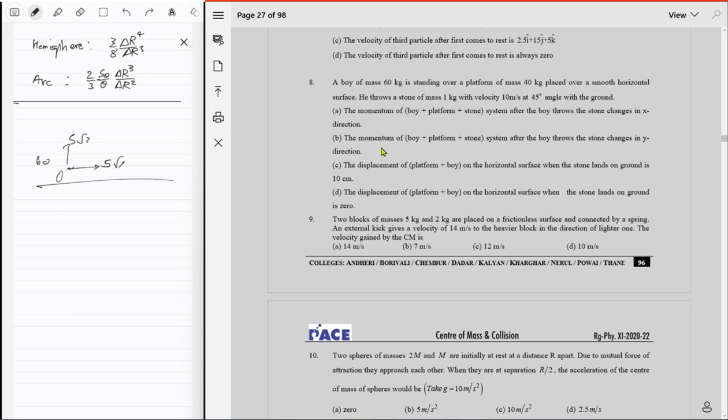The displacement of the particle plus boy on the horizontal surface when the stone lands on the ground is 10? So throughout the motion there is no x component force. So it's not displacing at all. The system is not displacing in the x direction. Okay.